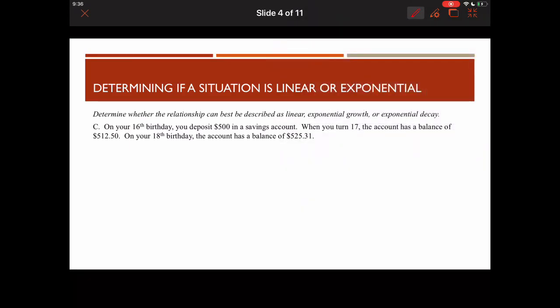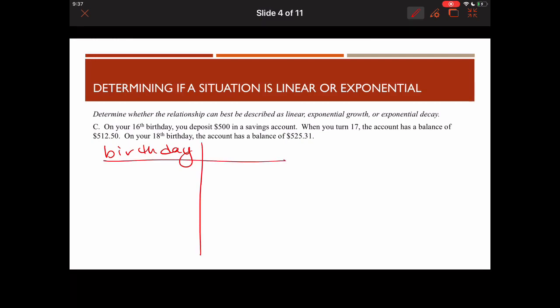So on your 16th birthday, you deposit $500 in a savings account. When you turn 17, the account has a balance of $512.50. On your 18th birthday, the account has a balance of $525.31, okay? So let's make a little table with this information.